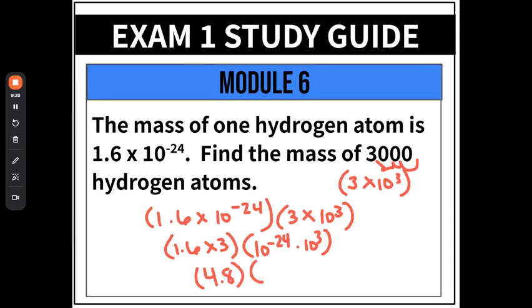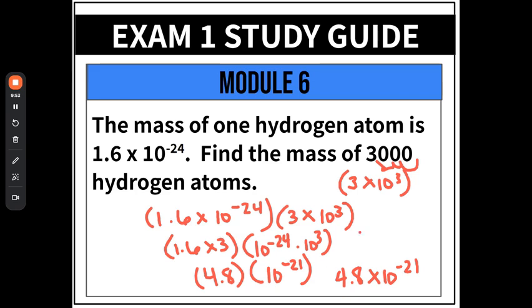And we're using our exponent rules again. So negative 24 plus 3 gives us 10 to the negative 21. Okay, and we can rewrite this. This is already in scientific notation as 4.8 times 10 to the negative 21.